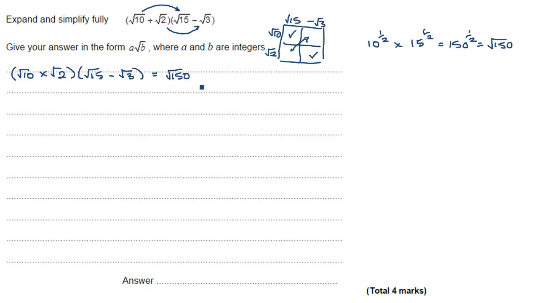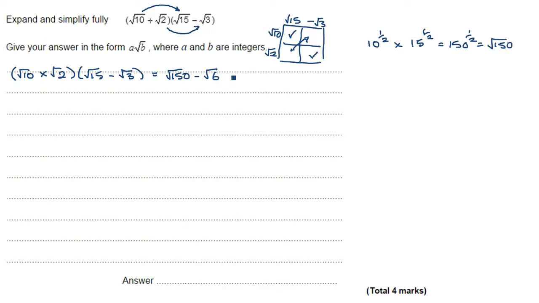Now I'm going to do the last. So I've got root 2 times minus root 3, so be careful with these signs here. That's going to be negative root 2 times 3, root 6. And then I've got root 2 times root 15, and I've got root 10 times minus root 3. This is how we're going to eliminate these last two.